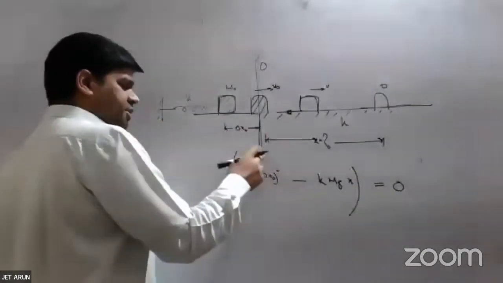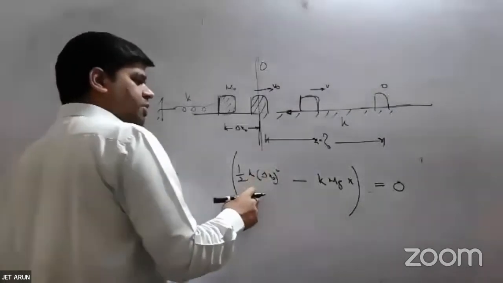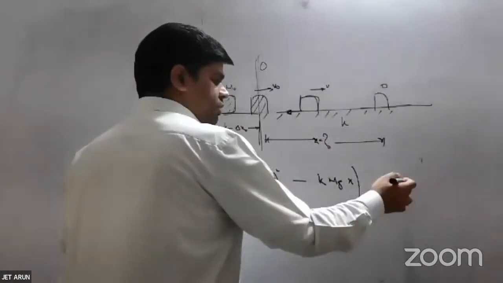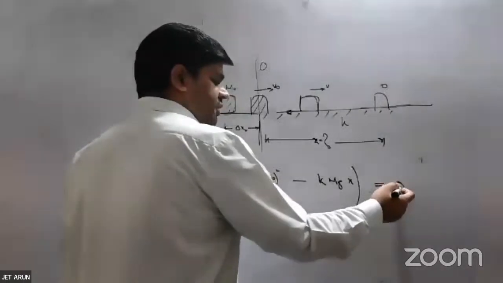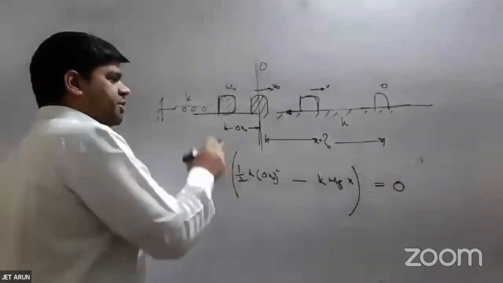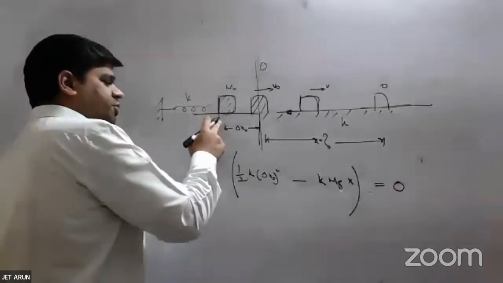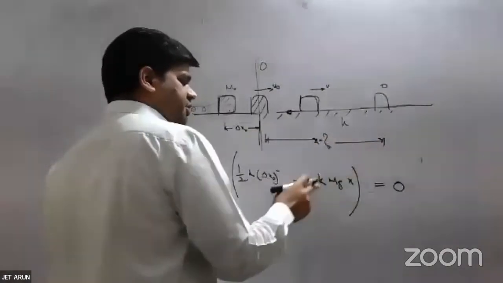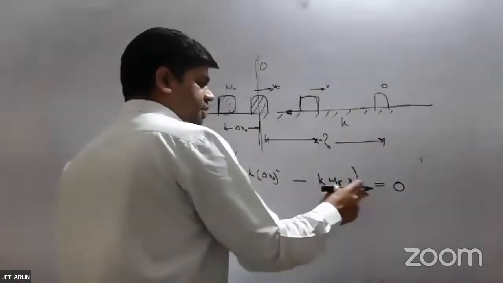So this initial energy, half k delta x naught square, is lost due to friction, and final energy is zero. All right, there is no kinetic energy remaining. And where is the kinetic energy term here? Not required because initial kinetic energy is zero. Initial total energy is half k delta x naught square, and loss due to friction is minus mu mg x, equal to zero.